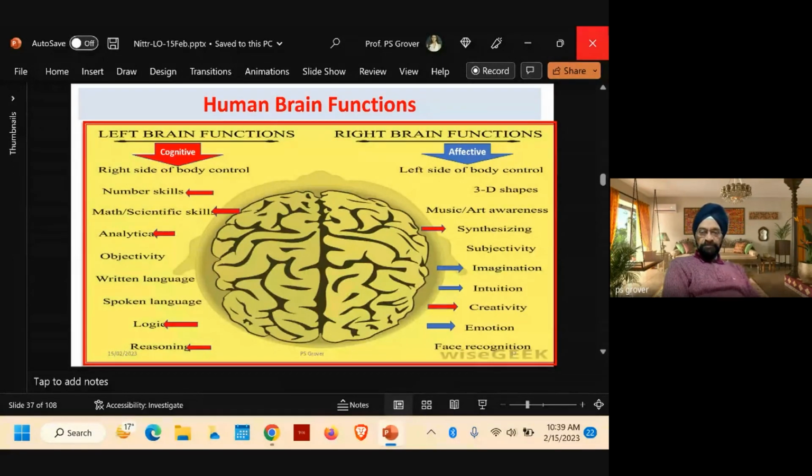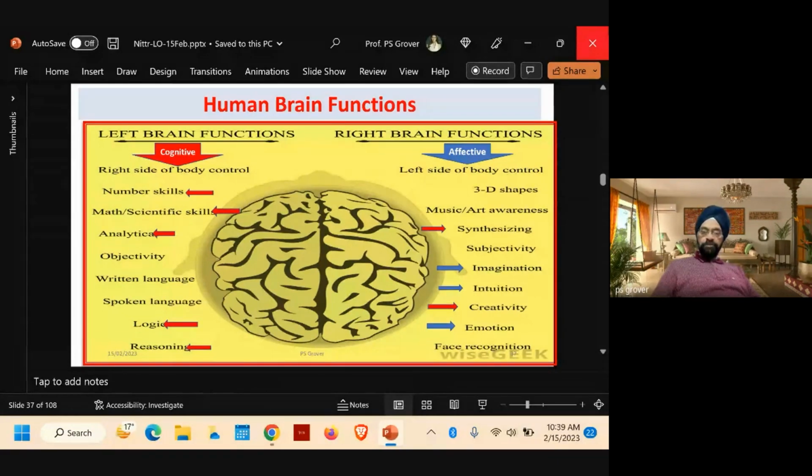Now, please see why I'm giving you this: Bloom taxonomy is based on the natural talents of the human mind, the human brain. These things are present in every human being. That means cognitive and affective characteristics are present in every human brain. Nature has given us.